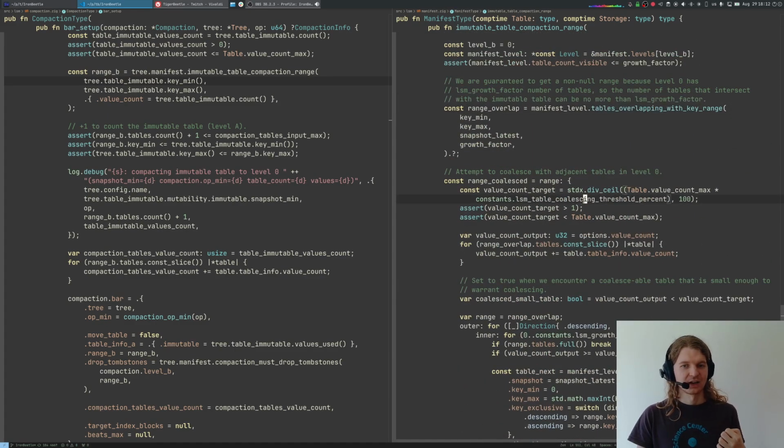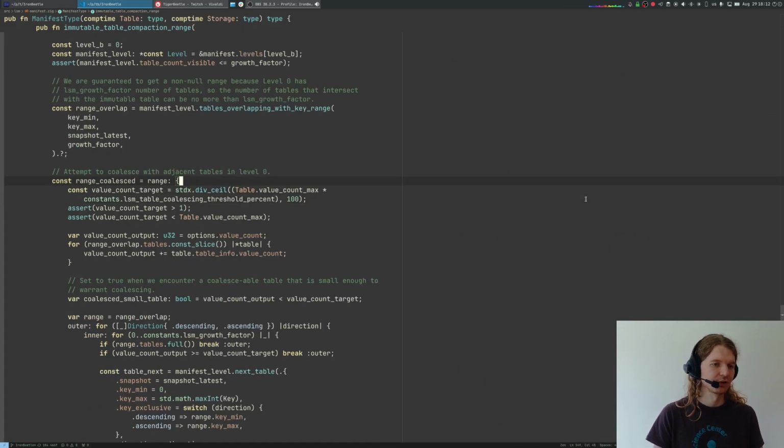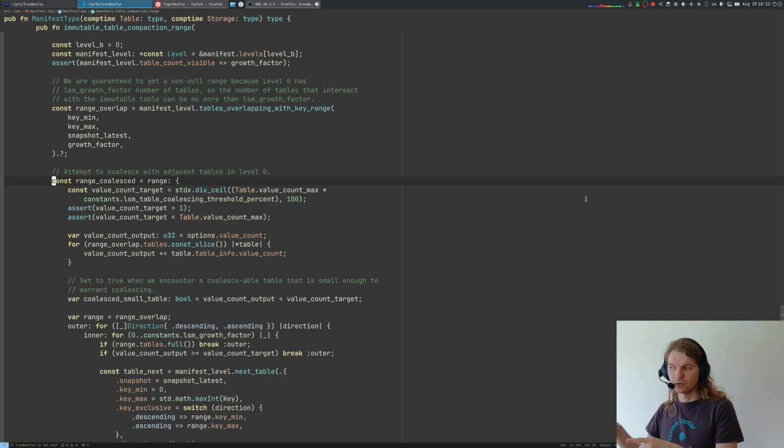But then we have this extra bit of logic which is table coalescing. So basically the idea is this. Let's say you have your in-memory table, and let's say it intersects a couple of tables on disk. But it so happens that the tables are almost empty. Normally you would have 8,000 times 32 transfers in a single table.